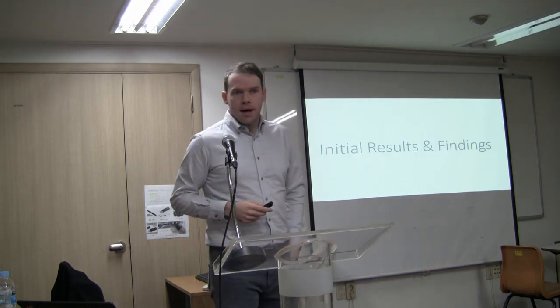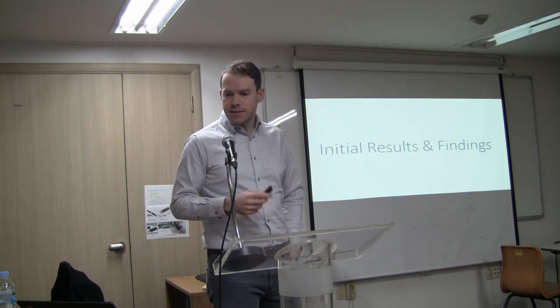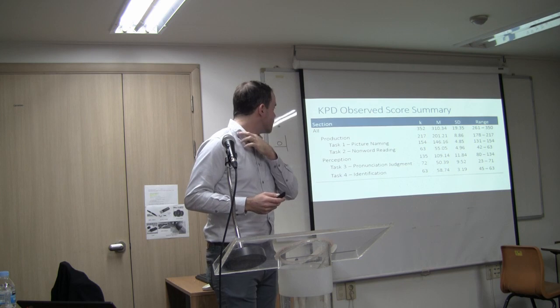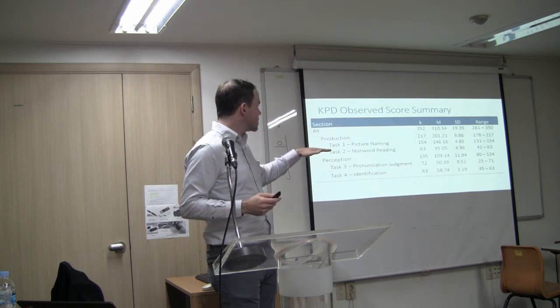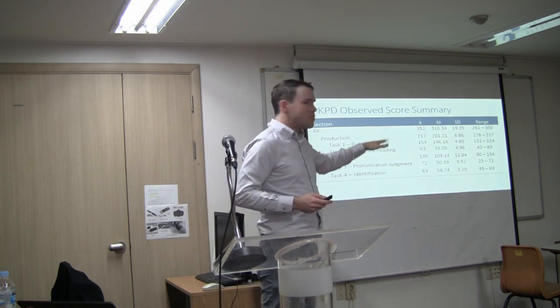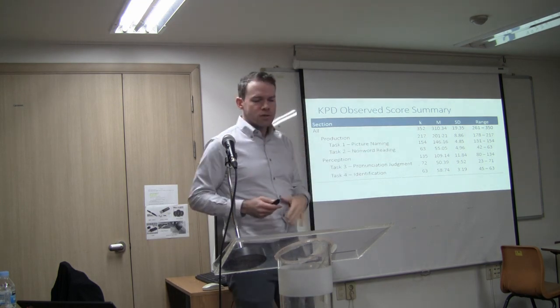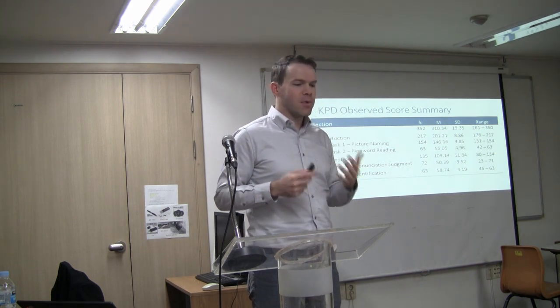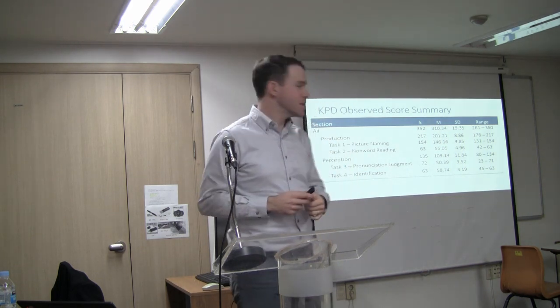So for initial results and findings, let's take a look. Some really basic stuff here. This is just total scores on each section. Not a whole lot we can get from this, except in general, people actually scored quite well. Most learners had a pretty good command of, if not most, then a good chunk of Korean phonemes.